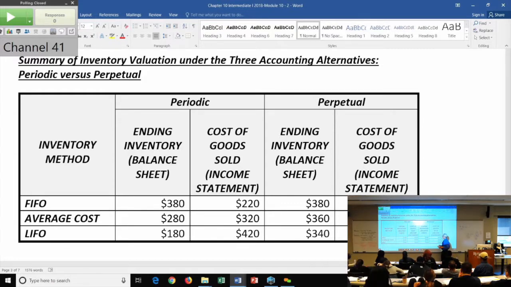The other important point, and let's use the perpetual. We talk about the trade-off. Okay, so the ending inventory for FIFO.